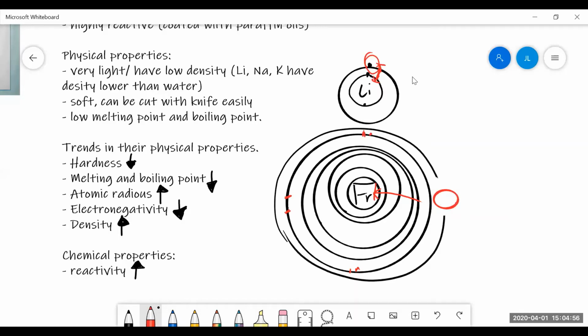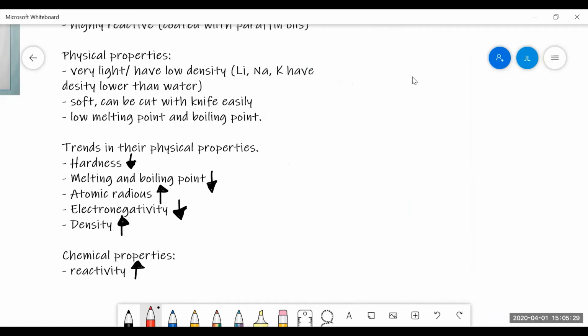So this is the reason why the reactivity increases down the group, not across the period. As we move from period 2 to period 3 to period 4 to period 5 and to period 6, the distance between the nucleus and the valence electron is increasing also. So the force of attraction decreases. It reacts more easily with other elements.